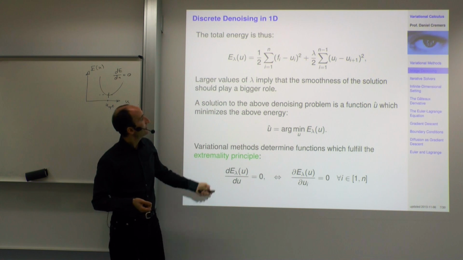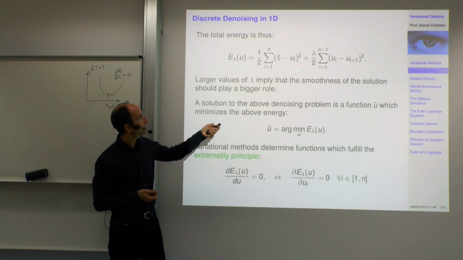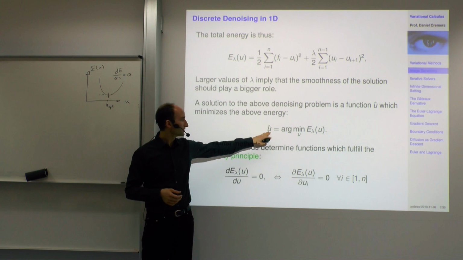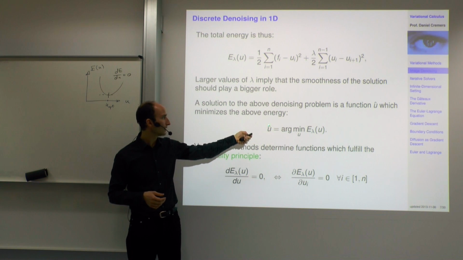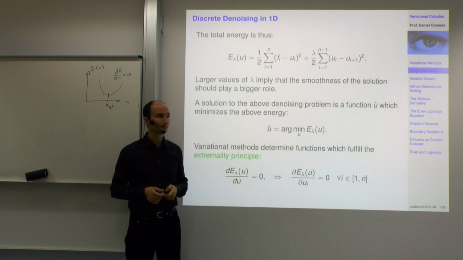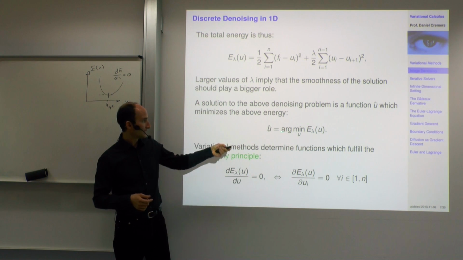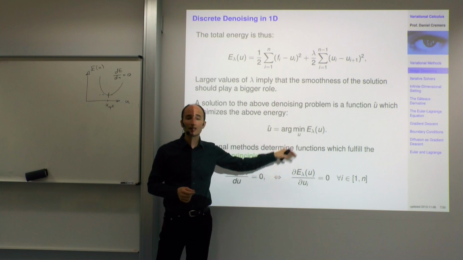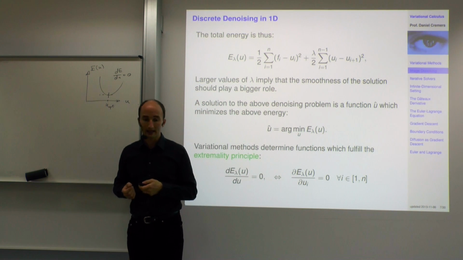And so then, once we set up a cost function for denoising, as shown here, we can say the solution to our denoising problem is the function u hat that minimizes the cost function, as shown here. And now this is where the variational framework kicks in.